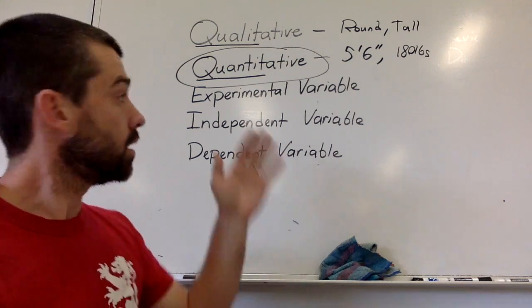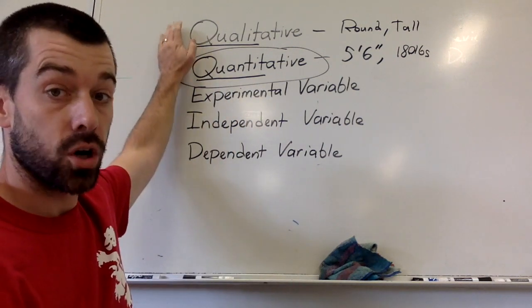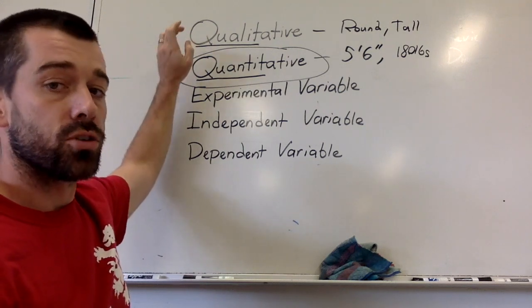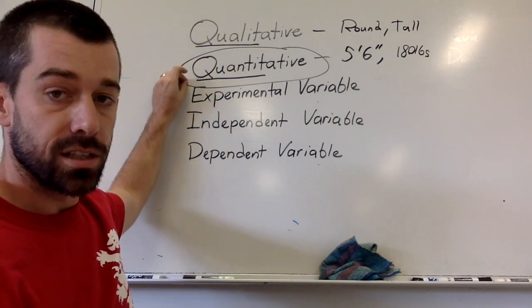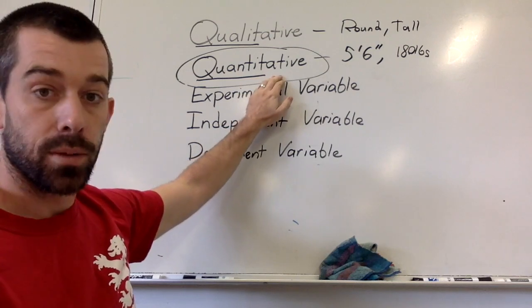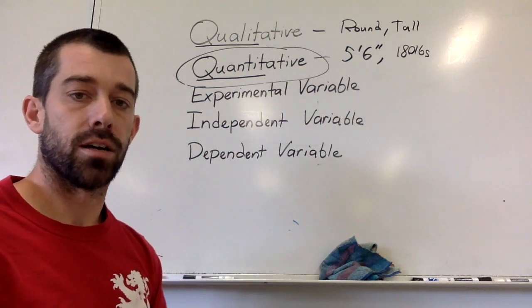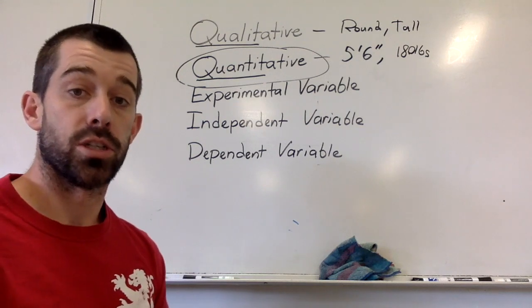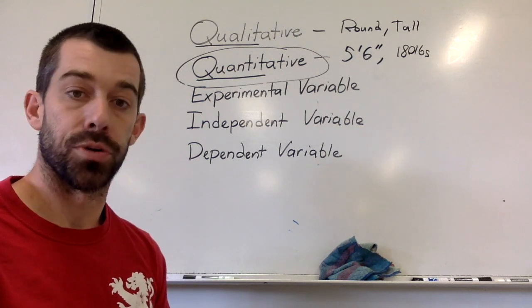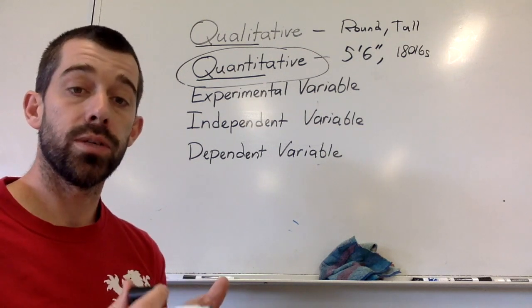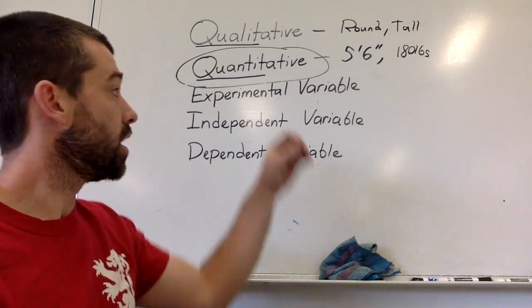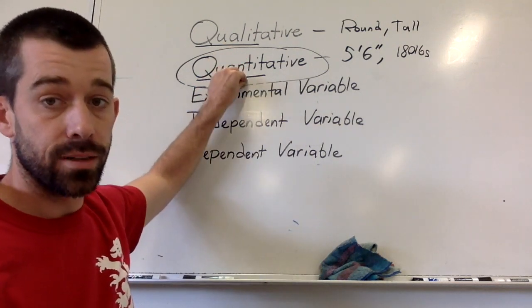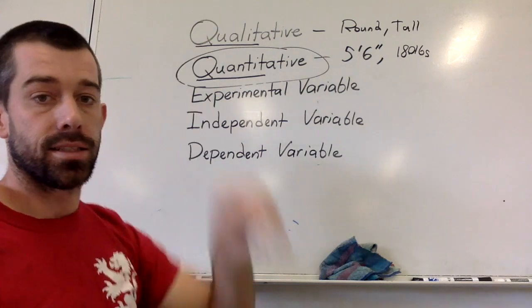That's not to say that qualitative things are unimportant. They're just not the focus in physics. So when you're designing an experiment here and you're trying to come up with your variables, let's say you're talking about the spaghetti bridge experiment that we're doing. You want to come up with quantitative variables instead of qualitative.